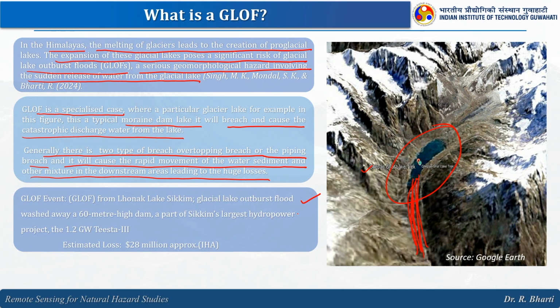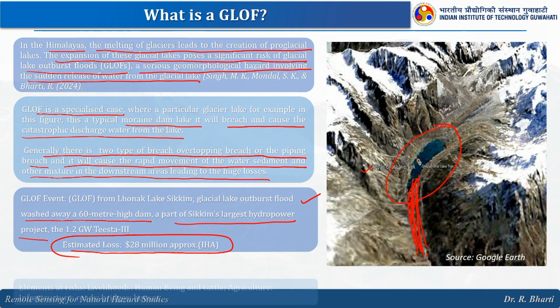During the South Lhonak Glacial Lake outburst, it actually washed away a 60-meter high dam, which was part of Sikkim's largest hydropower project. So, the estimated loss you can see is huge. These lakes are located at higher altitude, but their catastrophic impacts can be seen in the downstream.